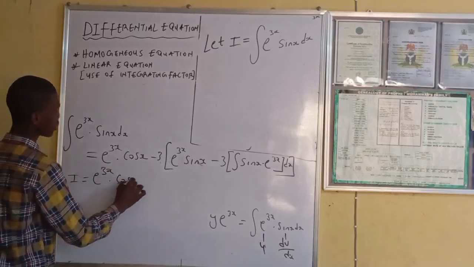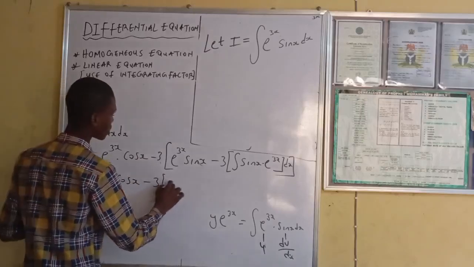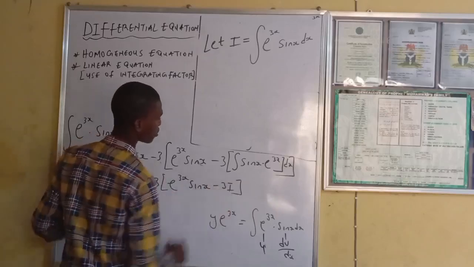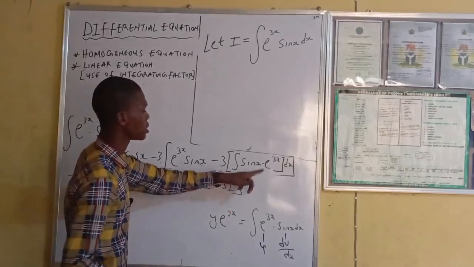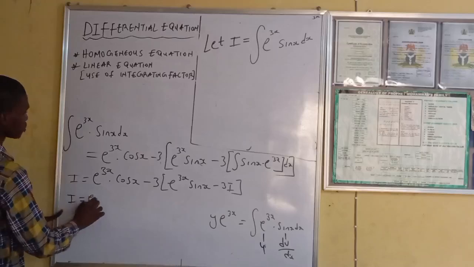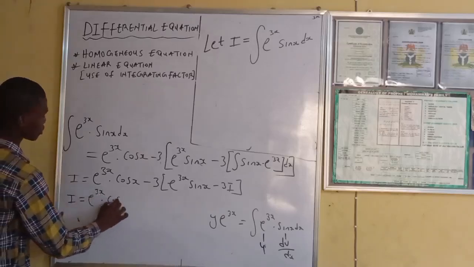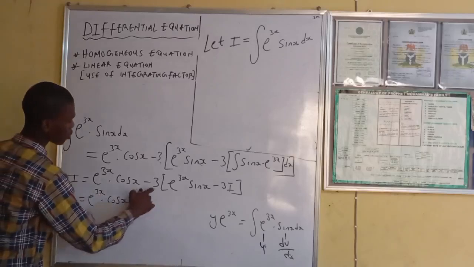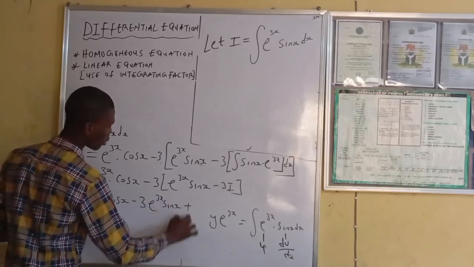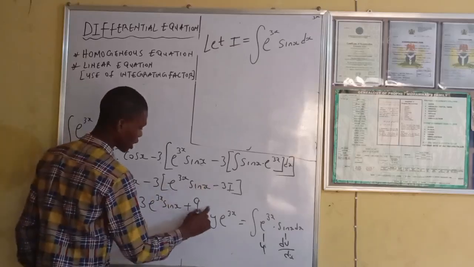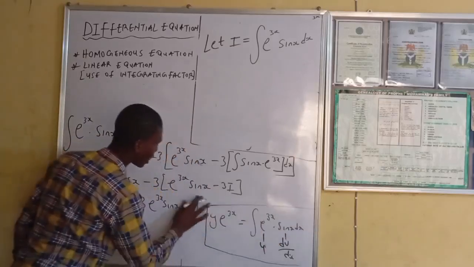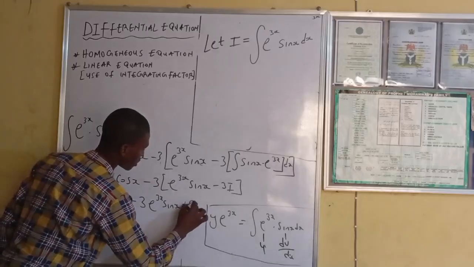3x dot cos x minus 3 open bracket exponential 3x sin x minus 3i, right? By the time you multiply 3 times this I, it will give us 3i, which is equal to I equals exponential 3x dot cos x minus, open your bracket, minus 3 exponential 3x sin x plus 3 times this will give us what? 9i plus 9i.